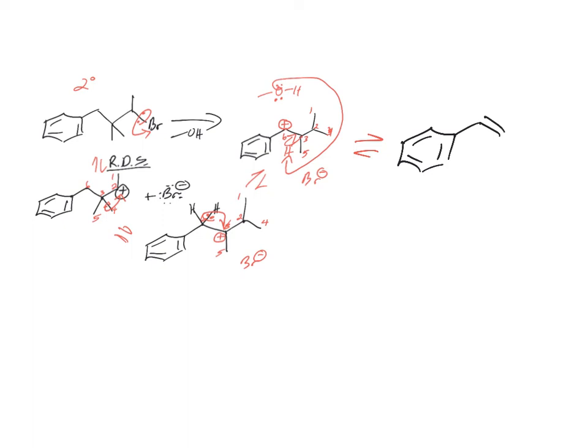So we want to make the alkene such that the higher priority groups are farther apart. So this alkene, if we did it, has the higher priority groups on opposite sides. So this is an E alkene. So we want to form the more substituted double bond, and we want to make the E alkene as well. And that's what we did here.